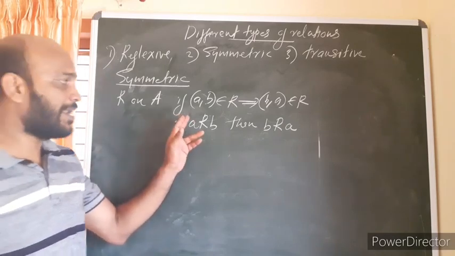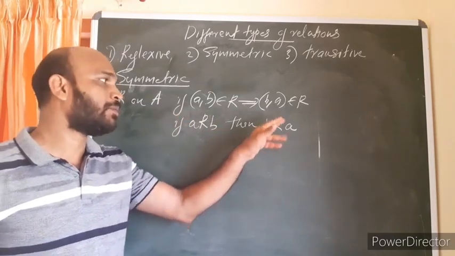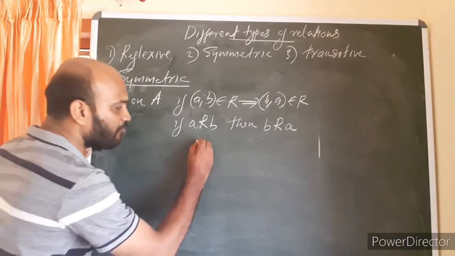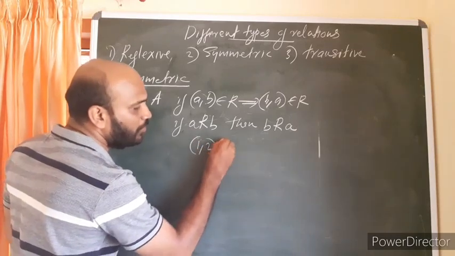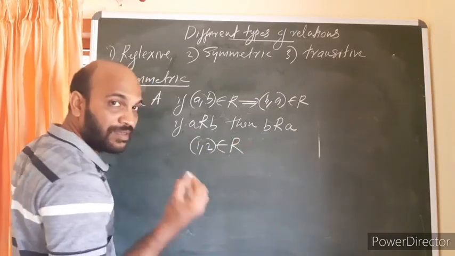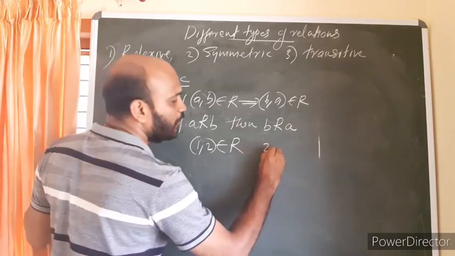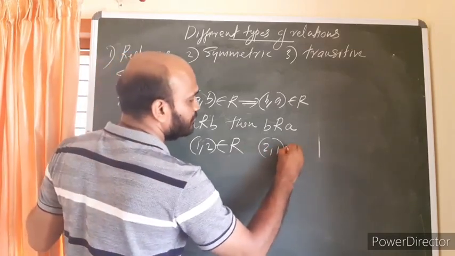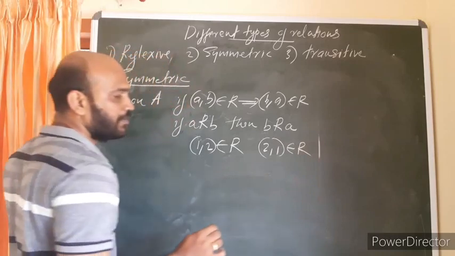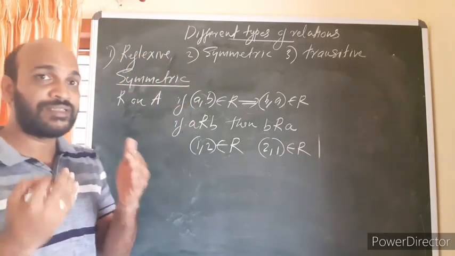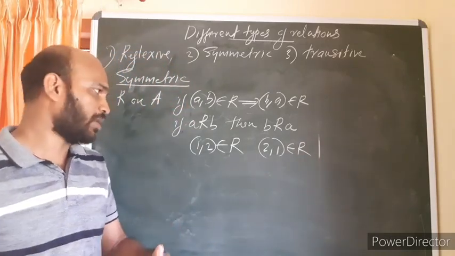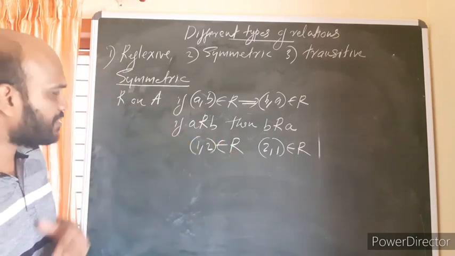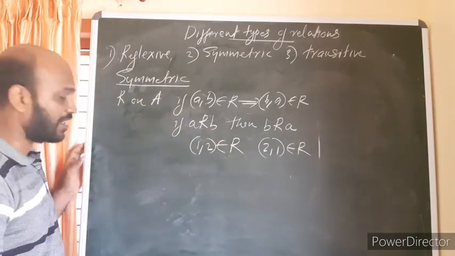That means if (1,2) is an element of R, then there should be (2,1). Okay, if (1,2) is not there, we need not bother about (2,1). So we'll understand when I give an example.